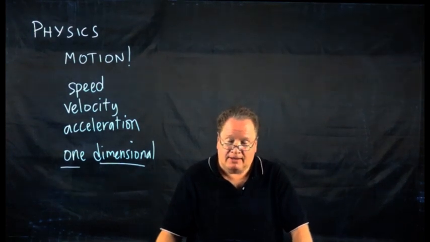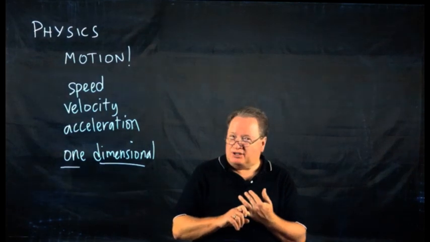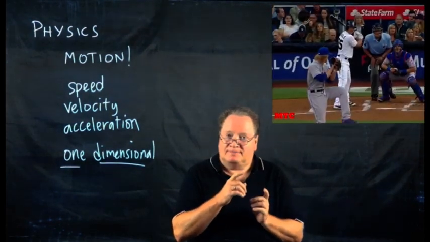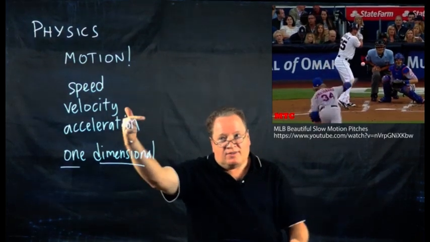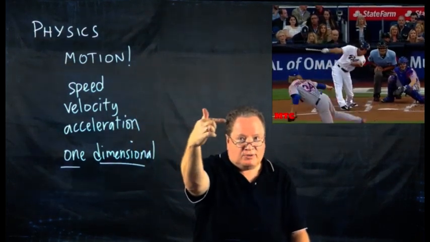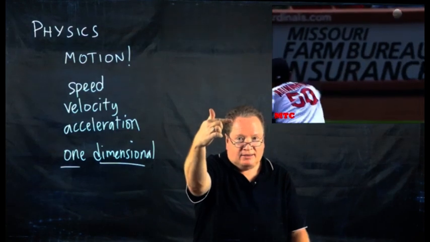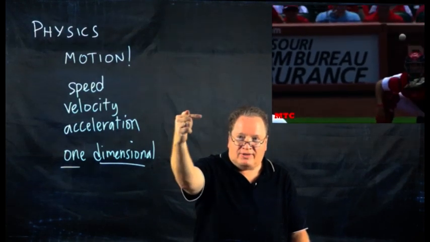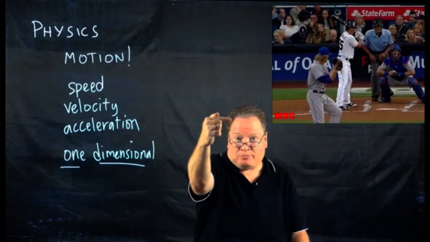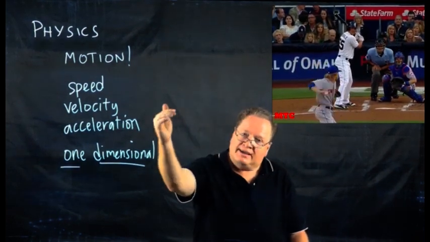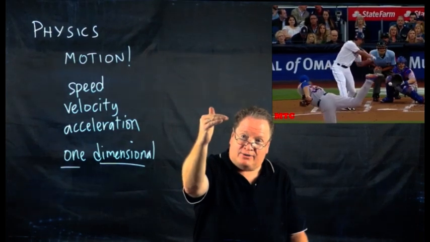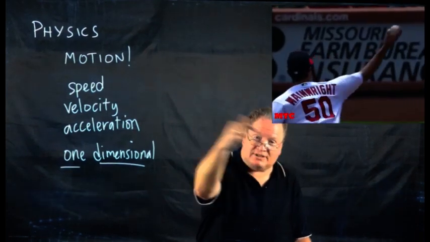Okay? Last example, let's think about a pitcher throwing a baseball. When that baseball leaves the pitcher's hand, the baseball is traveling mostly horizontally, I would say. But when you think about that baseball or any projectile flying through the air, it is going to be under the force of gravity, and gravity is going to pull that ball down as it flies forward.